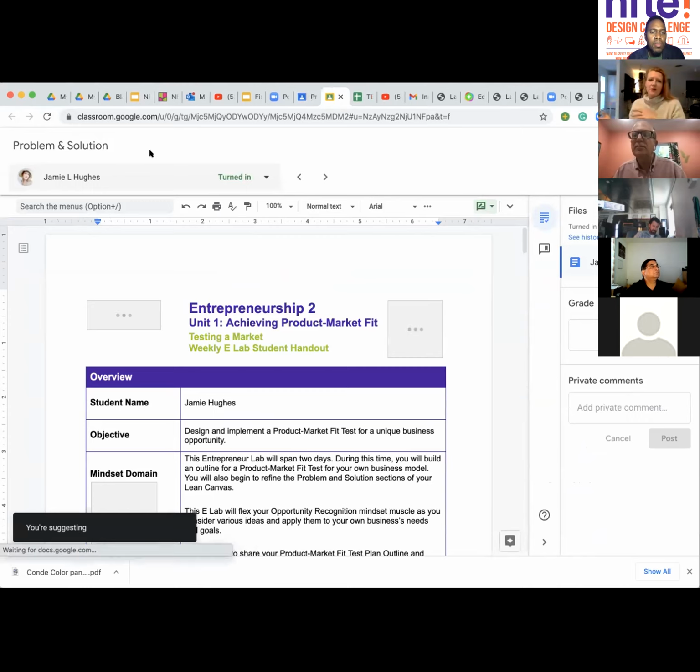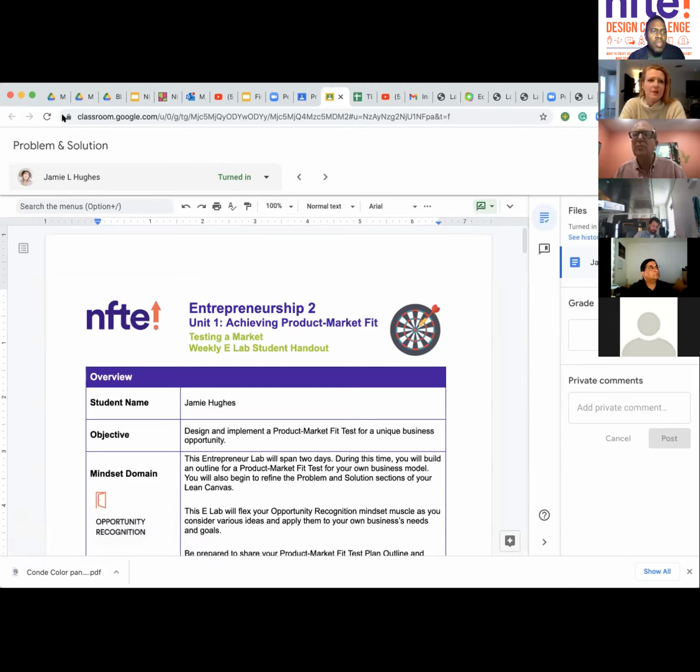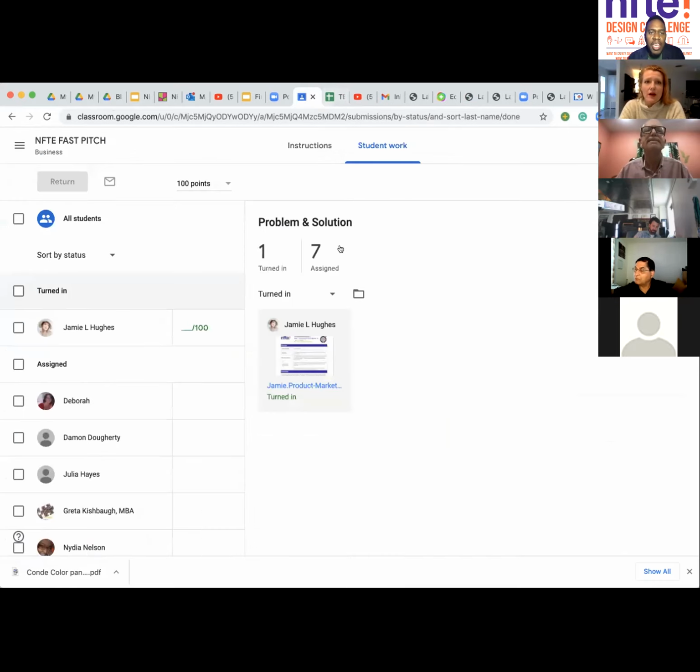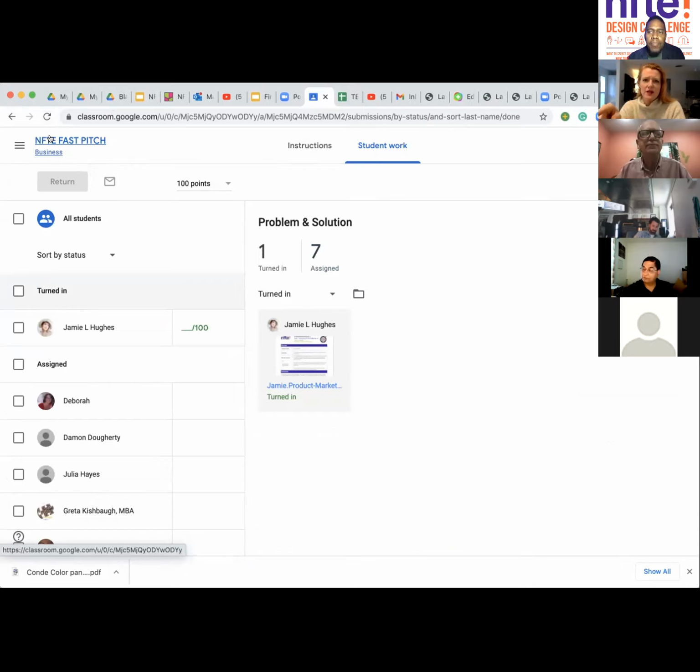I thought we were turning them all in as a package rather than individual turn in things. Some you can turn in like this, some you can turn in separate, which is fine. Okay. Get the hang of it. Just want to get you the hang of how to maneuver through this stuff using Google Classroom. And are we going to have our students turn these in just like you've got us turning them in?